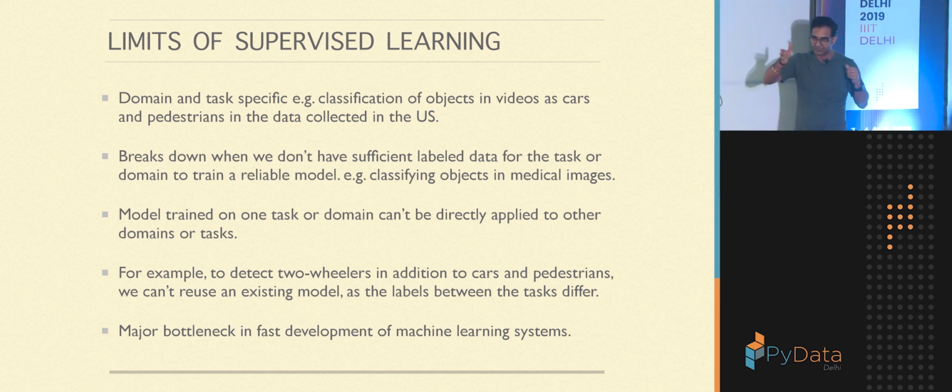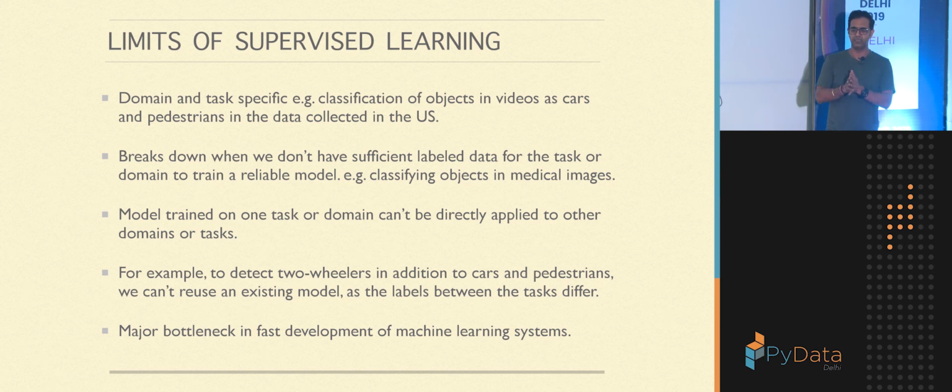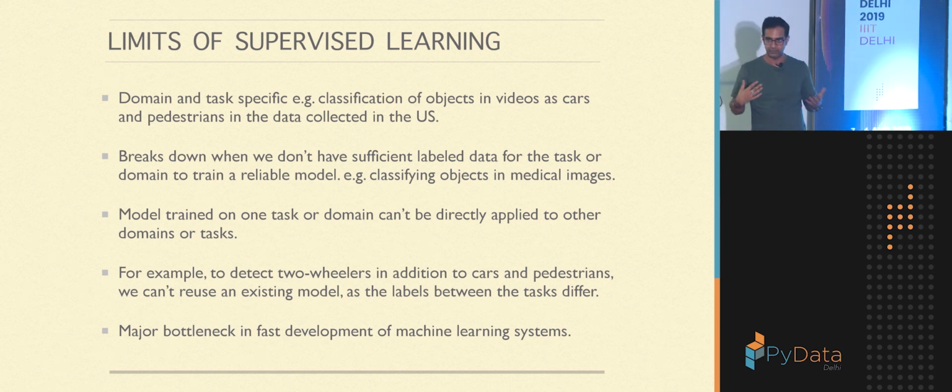I chose a different example, but over here I was thinking about self-driving cars. Say you are designing a self-driving car, and maybe you are designing the system in some city where there are a lot of cars and pedestrians.